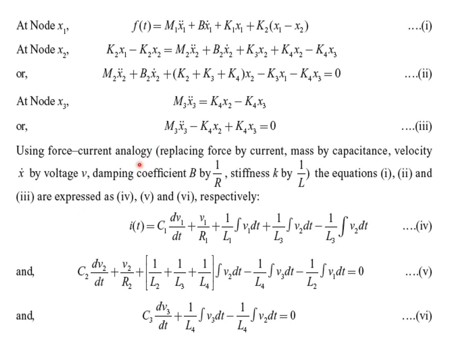Now here as an example I have taken the force current analogy. By replacing the corresponding elements, force is replaced with current I, m1 is replaced with C1, and the velocity is replaced with the voltage v.